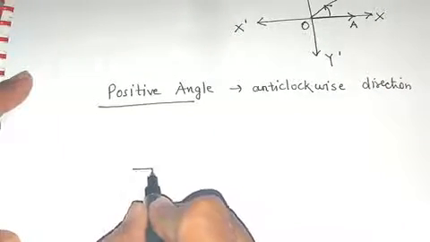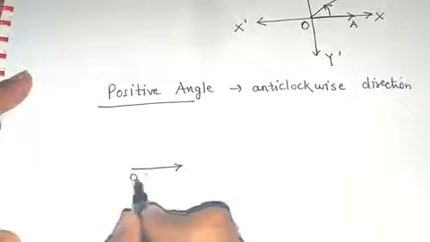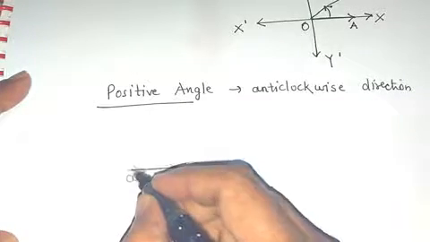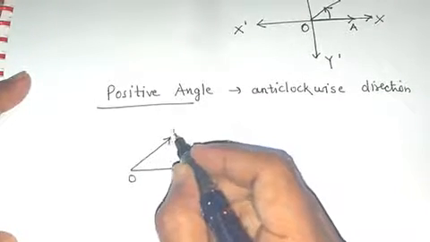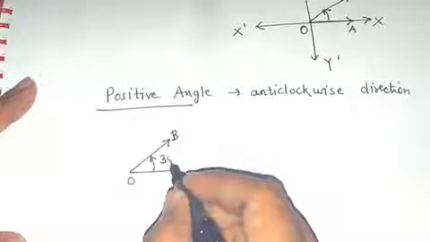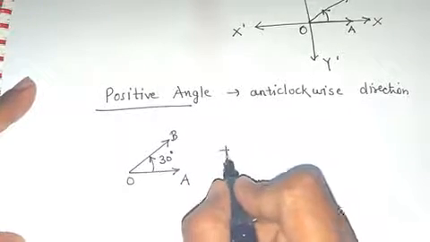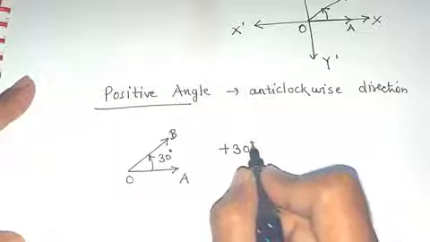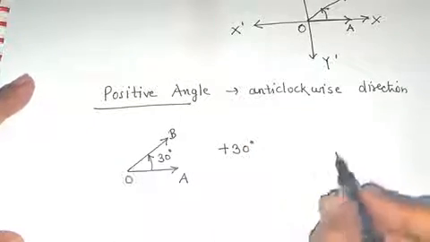For example, again I am taking OA as the fixed ray and OB as the revolving ray. Let's assume this angle as 30 degree. So we can write it as plus 30 degree because this is anti-clockwise.